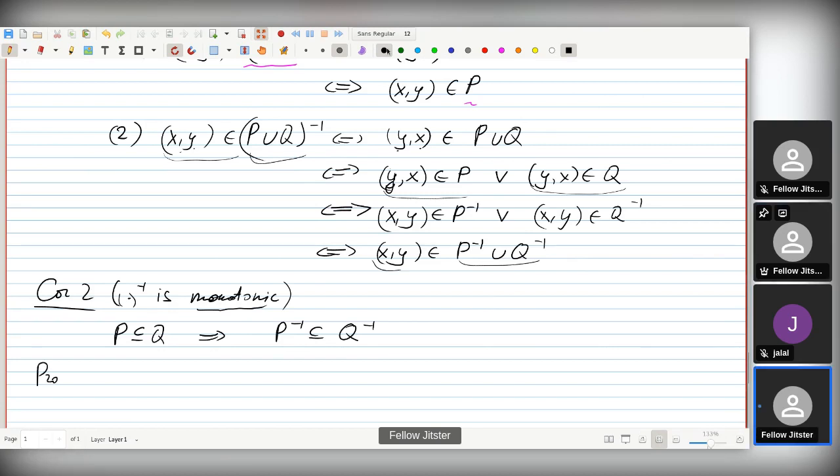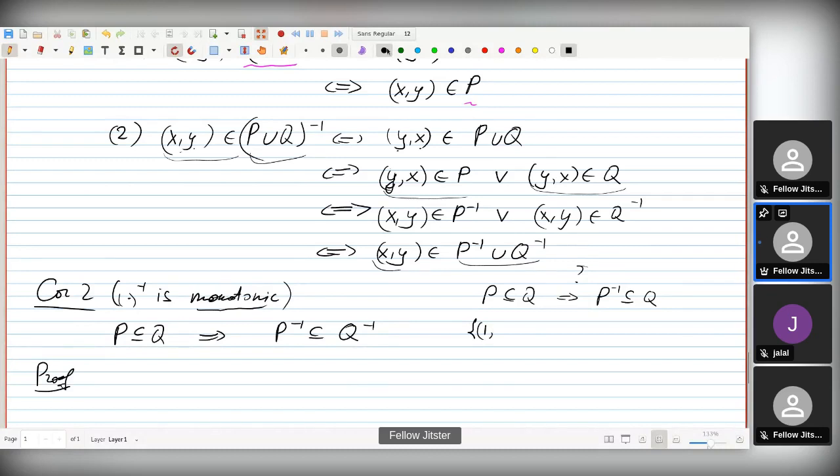Yes, can we say that the converse of P is also a subset of Q? Under which assumption? If P is a subset of Q, then the converse of P is a subset of Q. This statement, of course, is not true.